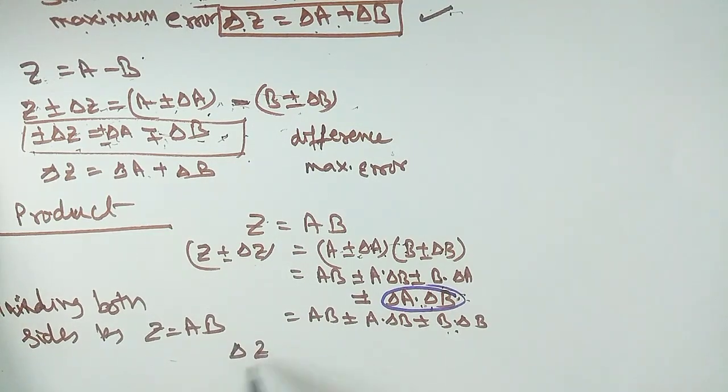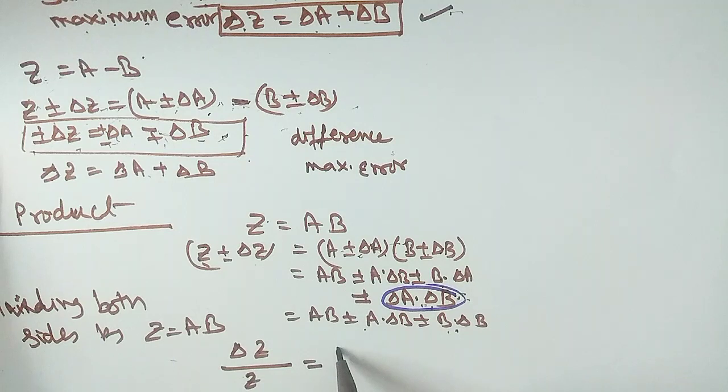So delta Z upon Z is equal to, because AB is cancelled here by the Z, delta B upon B, because it is divided by AB, so A will be cancelled.